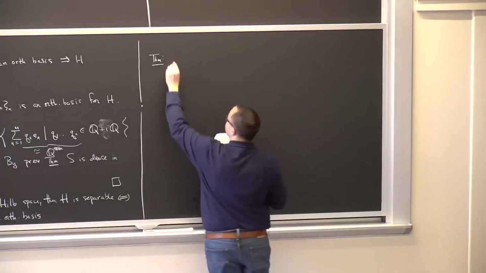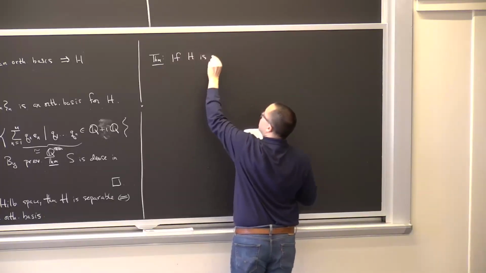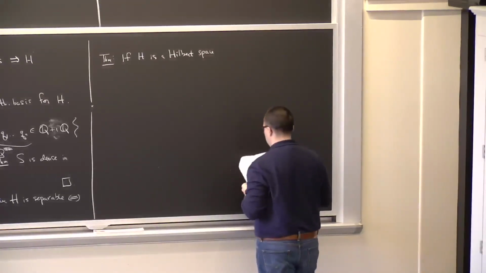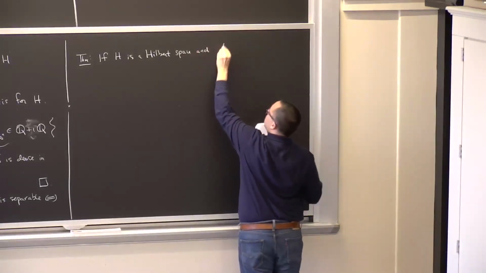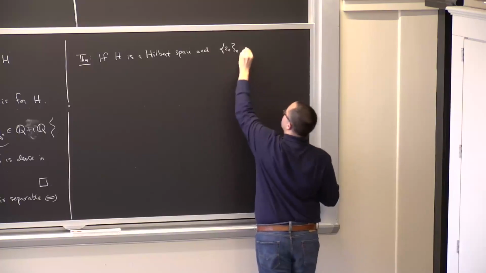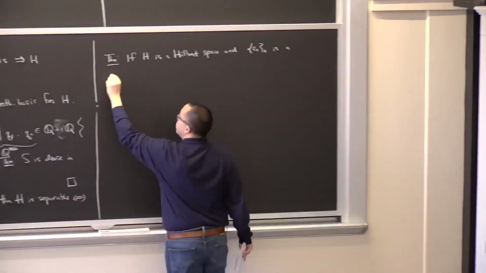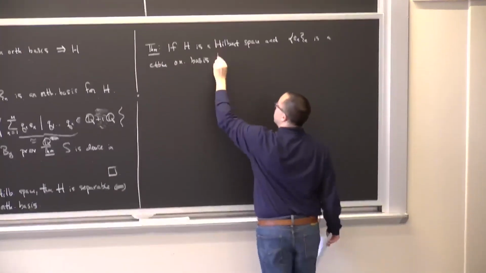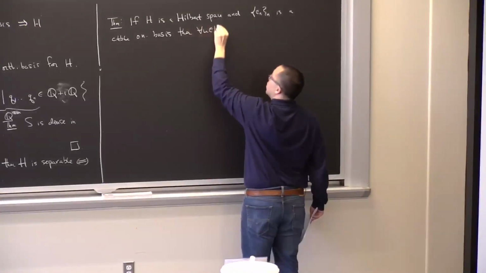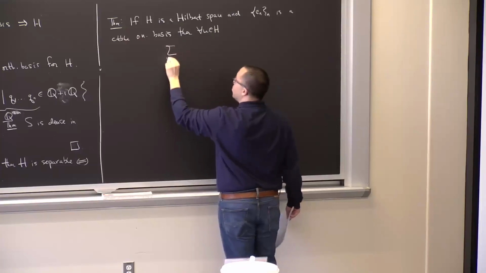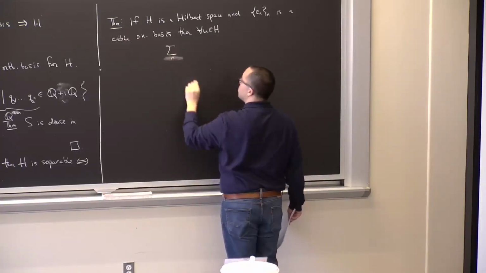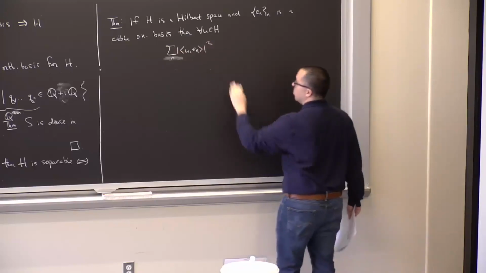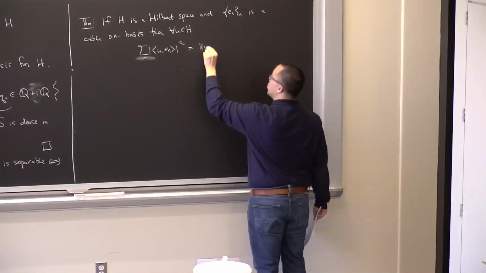So if H is a Hilbert space, and this is a countable orthonormal basis, then for all u in H, we have that the sum over n, I'll just put sum over n because this may be a finite sum, of |(u, e_n)|^2, which by Bessel's inequality we always had less than or equal to the norm of u squared, in fact equals the norm of u squared.